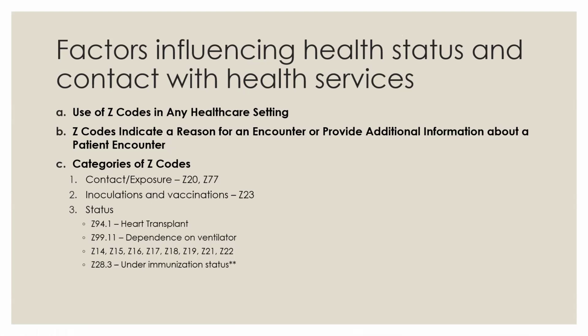The complication code indicates that the patient is a heart transplant patient. For encounters for weaning from a mechanical ventilator, assign a code from subcategory J96.1 for chronic respiratory failure, followed by a code Z99.11 for dependence on respiratory or ventilator status.